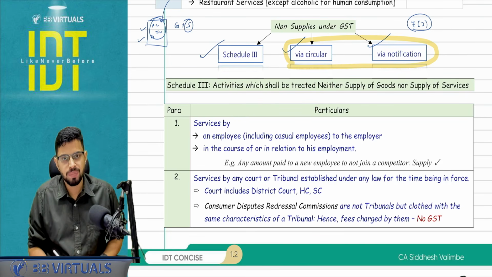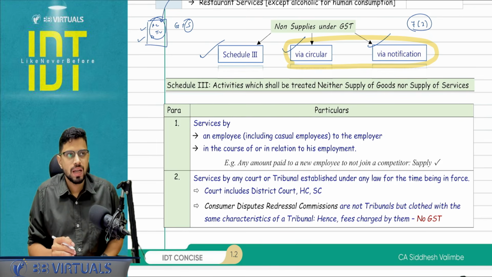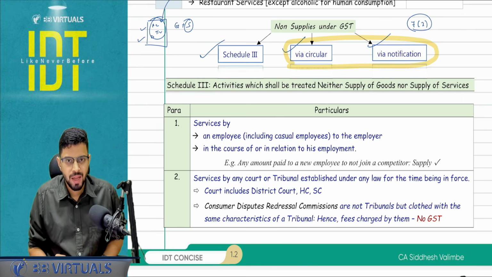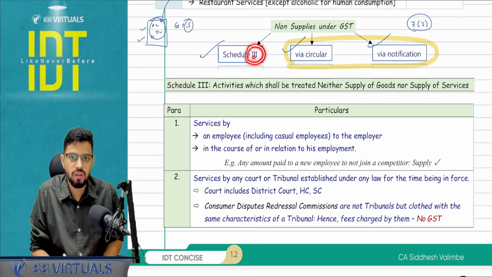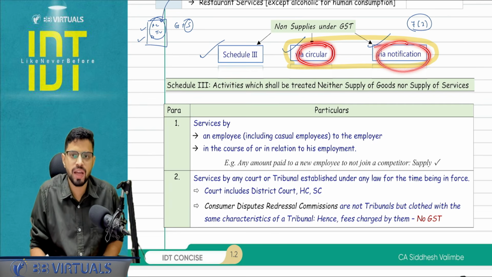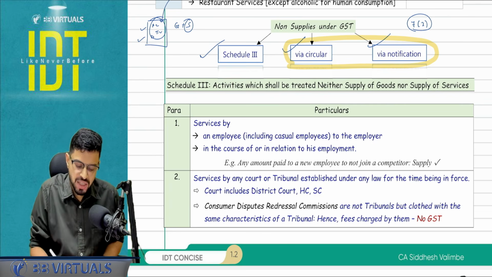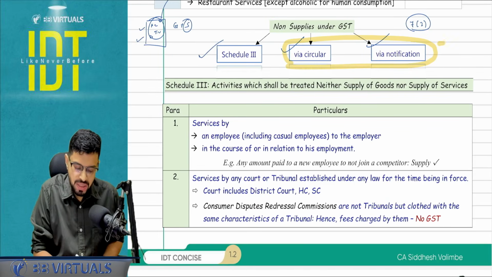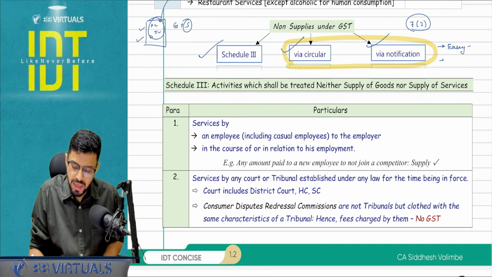The reason is very simple. Sometimes the non-supply benefit is to be given on a case-to-case basis depending on the situation. In order to provide in schedule number 3, we will have to go for an amendment of the act. So the government retained the power of providing via circular or notification, which is comparatively very easy to provide, very easy to amend, or tomorrow very easy to eliminate as well.